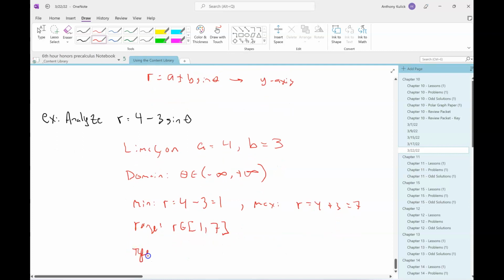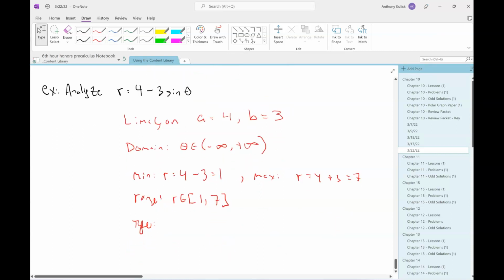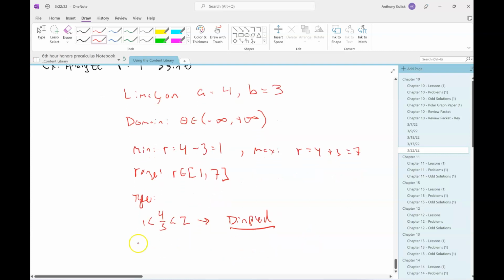The type, I noticed that we have 4 over 3, which is the one that's between 1 and 2. So that was the dimpled. And the symmetry, since we have the sine one, we have y-axis symmetry. And we're done.